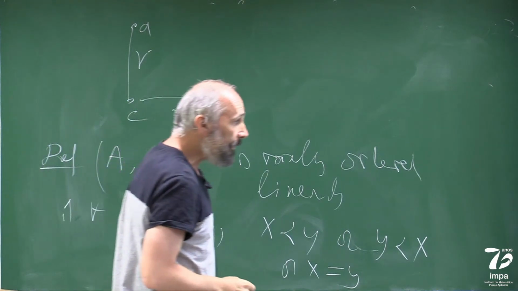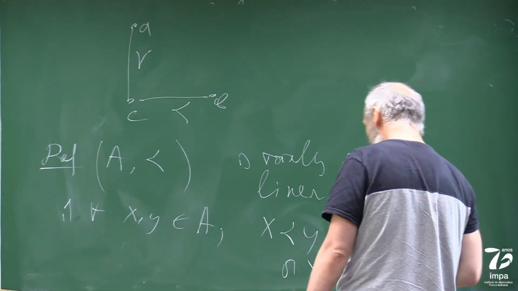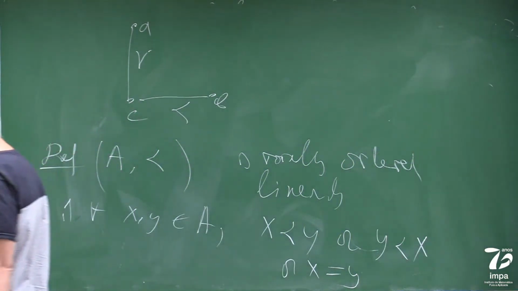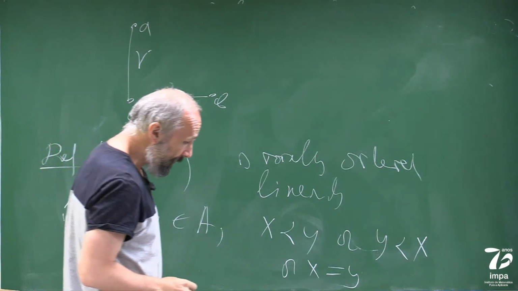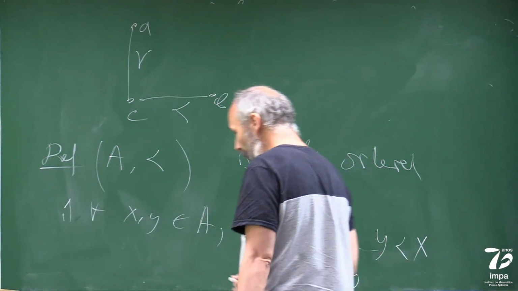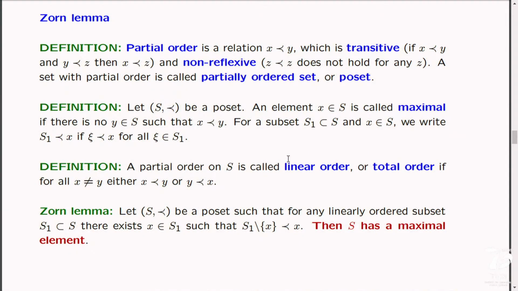Now I'm stating a certain lemma. I'm not going to prove it, but it is an important lemma which is always used in math, every time, even in algebra. Zorn was an algebraist himself, and he stated this Zorn's lemma in something like 1936 when he was about 23 or 25.